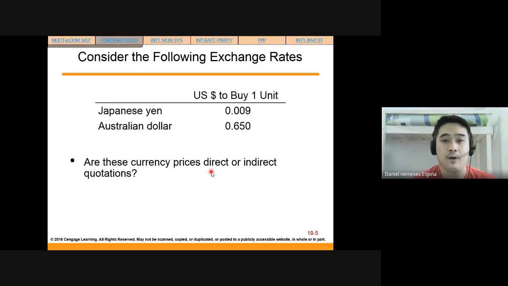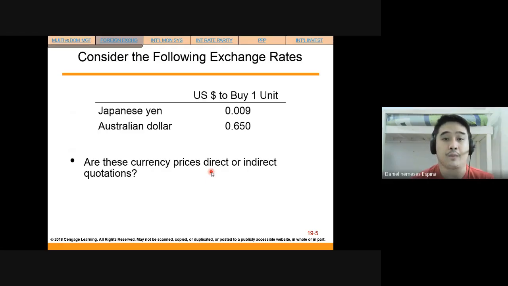For the Japanese yen, the equivalent of one Japanese yen in US dollars is 0.009.